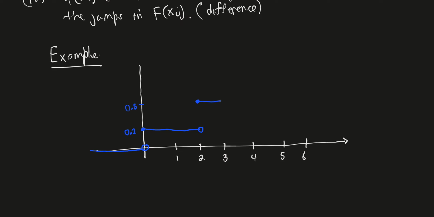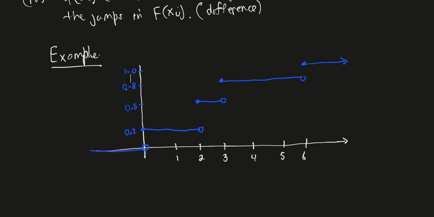And then at 3 there's another jump. Let's say it jumps up to, say this is 0.8, and then let's say it's constant all the way to 6, at which it jumps up, and then let's say that it is 1 from there on out. So let's say this is 1.0, right?